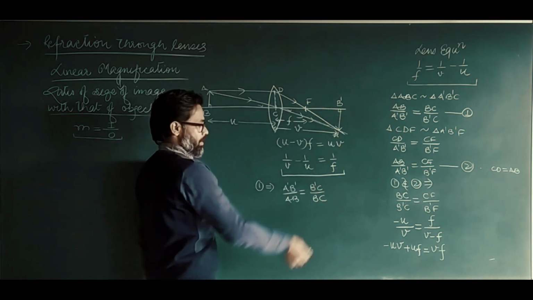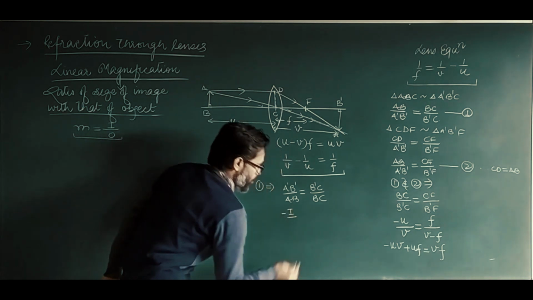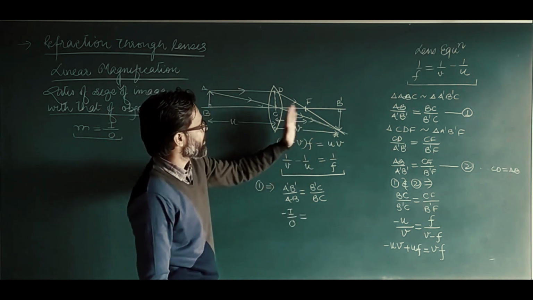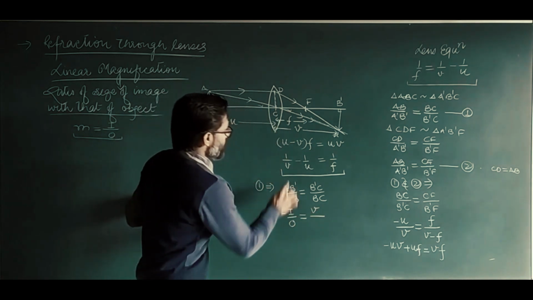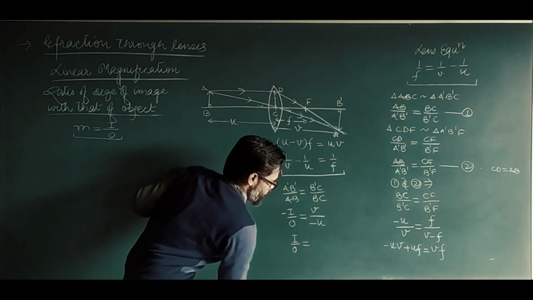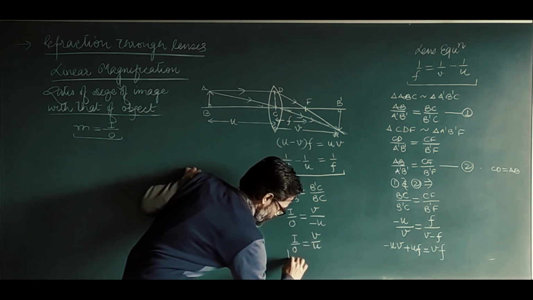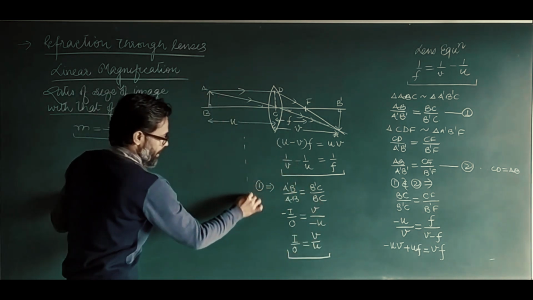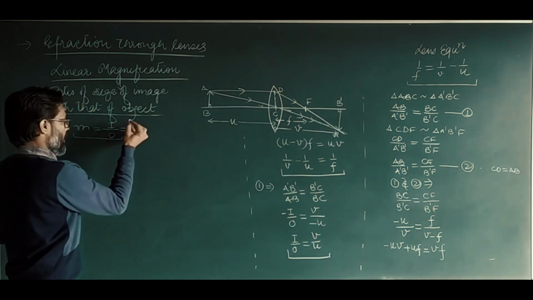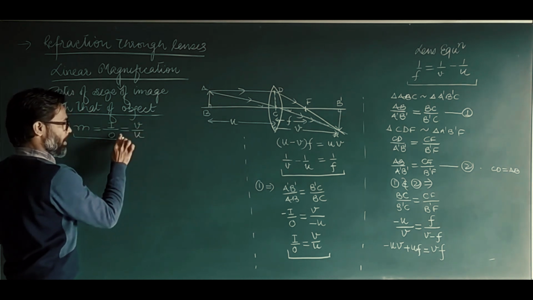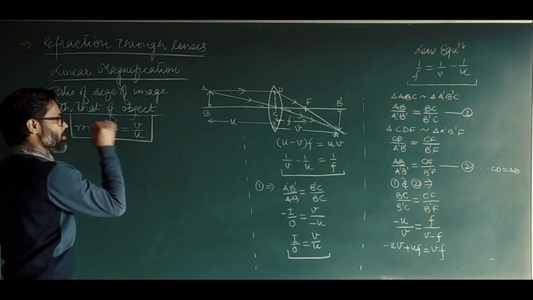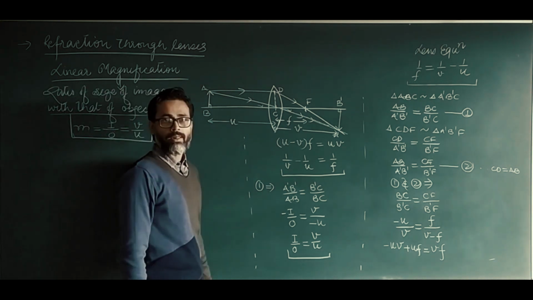Since it is inverted, hence minus I upon AB, positive O. O equals B dash C, positive V, BC negative U, means I by O equals V by U, and hence the magnification can be termed as M equals I upon O equals V by U. This is the expression for linear magnification produced by a convex lens.